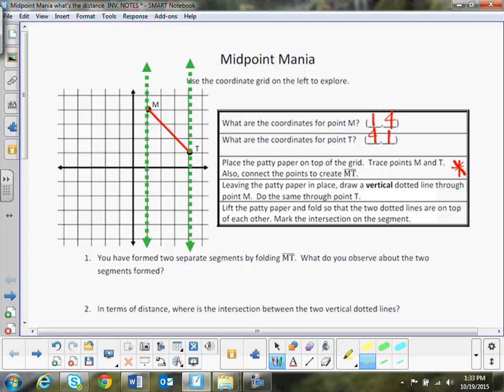So if you fold that on top, your paper should be creased about right there. Okay, so fold it, I'll come around and help you. You might have to hold the paper up to the light so you can see that they are landing right on top of each other. The two dotted lines should be right on top when you fold it.